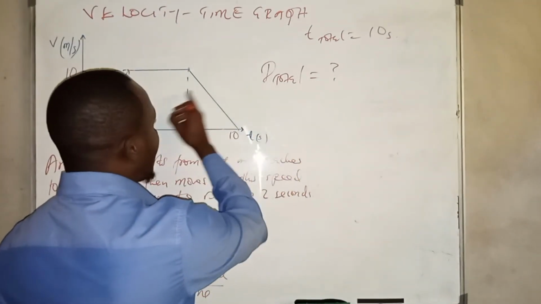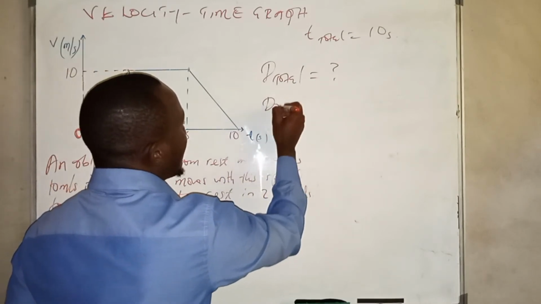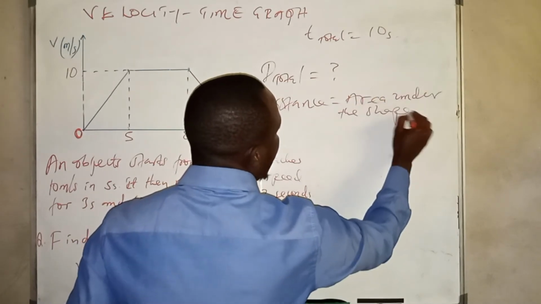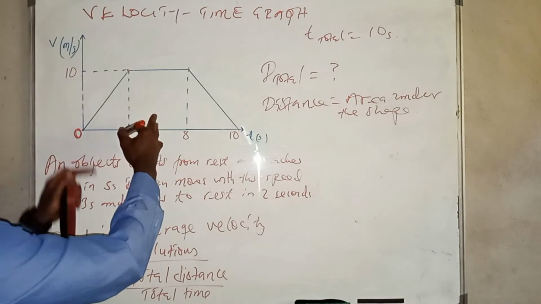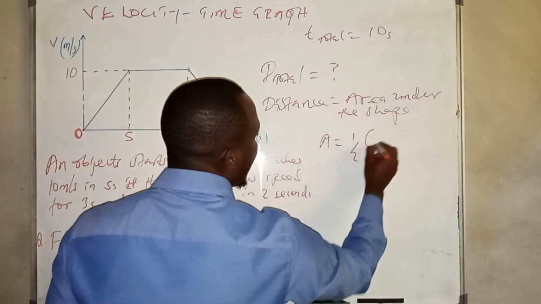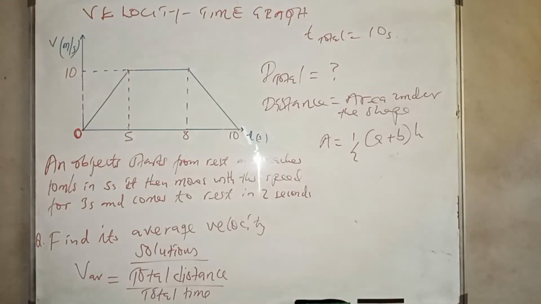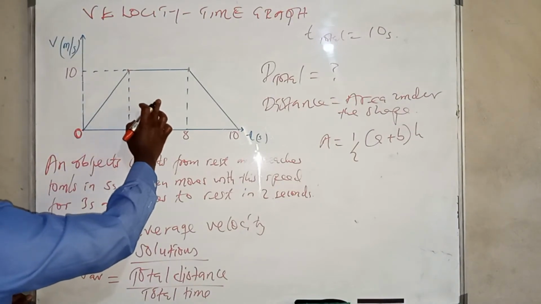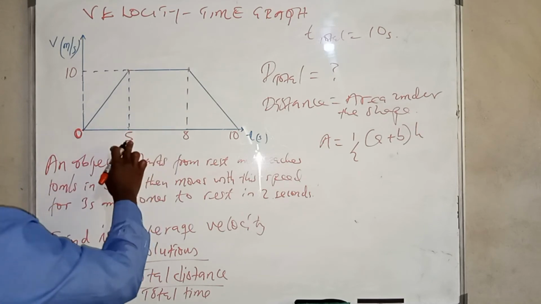Here, the shape that we have is a trapezium, and we know that distance is equal to area under the shape of the graph. So what we're going to use is the trapezium, and area for trapezium is half (a plus b) times h. And from this, our a is from this point to this point, which is 5 to 8.